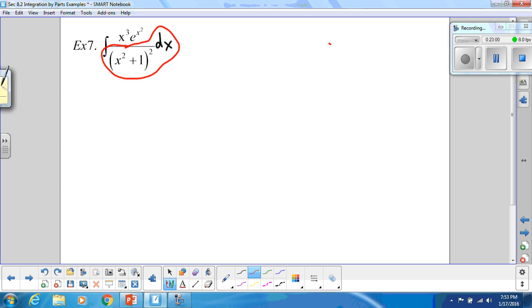All right, so if I was trying to make dv equal to x squared plus 1 raised to the 2nd power in the denominator, let's think about if I had to integrate this, because I would have to find v. If I had to integrate this, I would be using u substitution or w substitution, and my w would be x squared plus 1, which means my dw would be 2x dx.